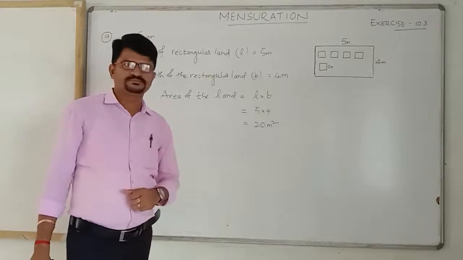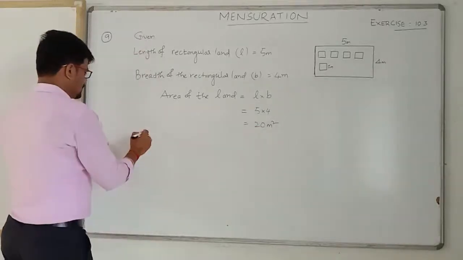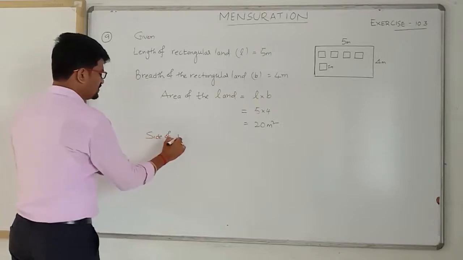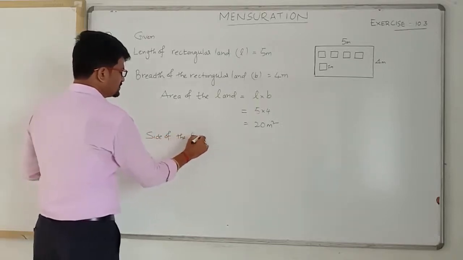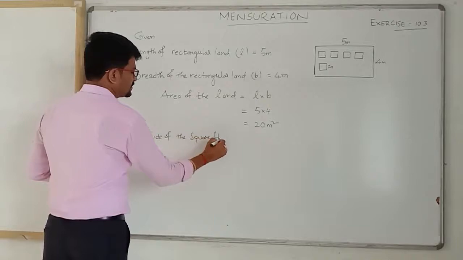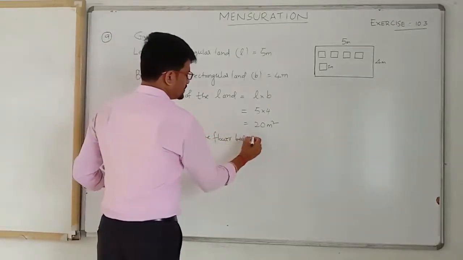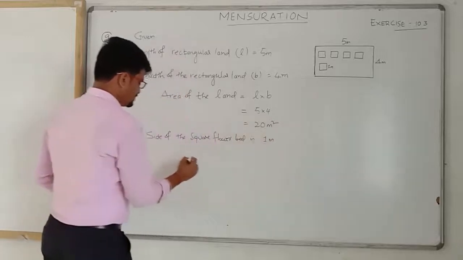Okay, children? But given the side of the square flower bed is 1 meter.